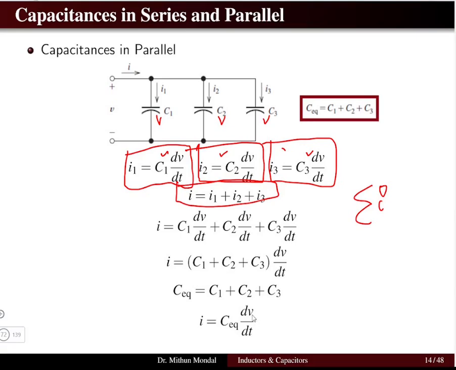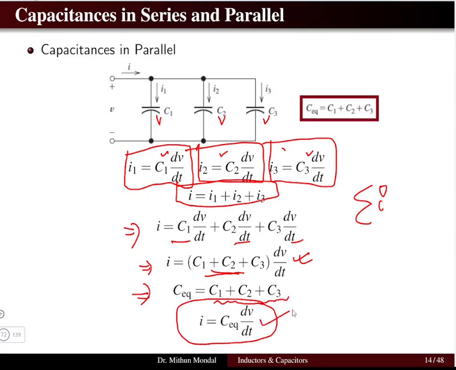Now if we put the values of I1, I2 and I3 into the current equation, taking the common dV by dt which is constant, we get C1 plus C2 plus C3. It means that C equivalent is C1 plus C2 plus C3. So the net current flowing from the source is basically C equivalent dV by dt.